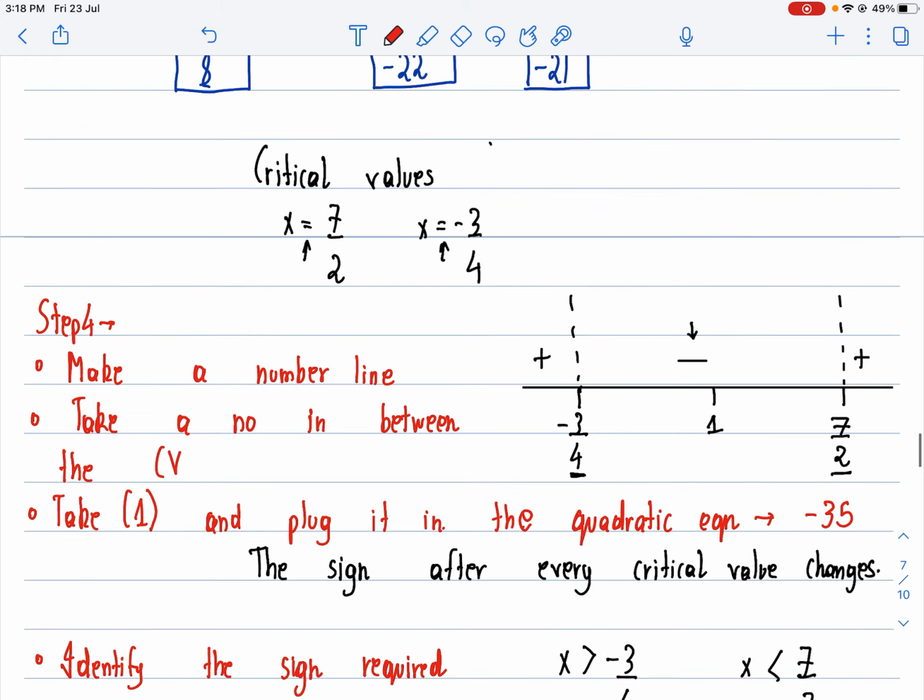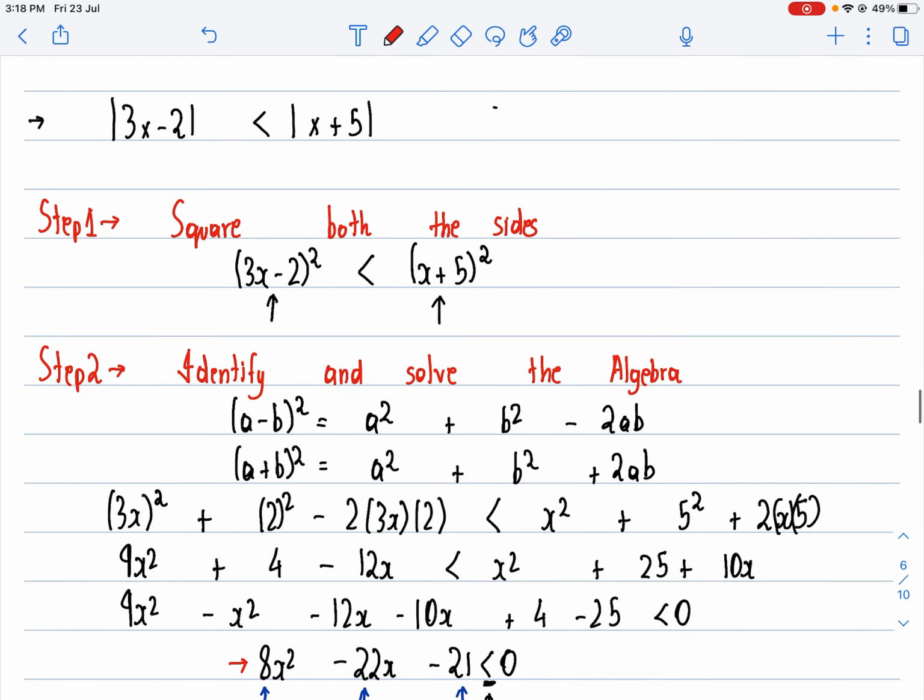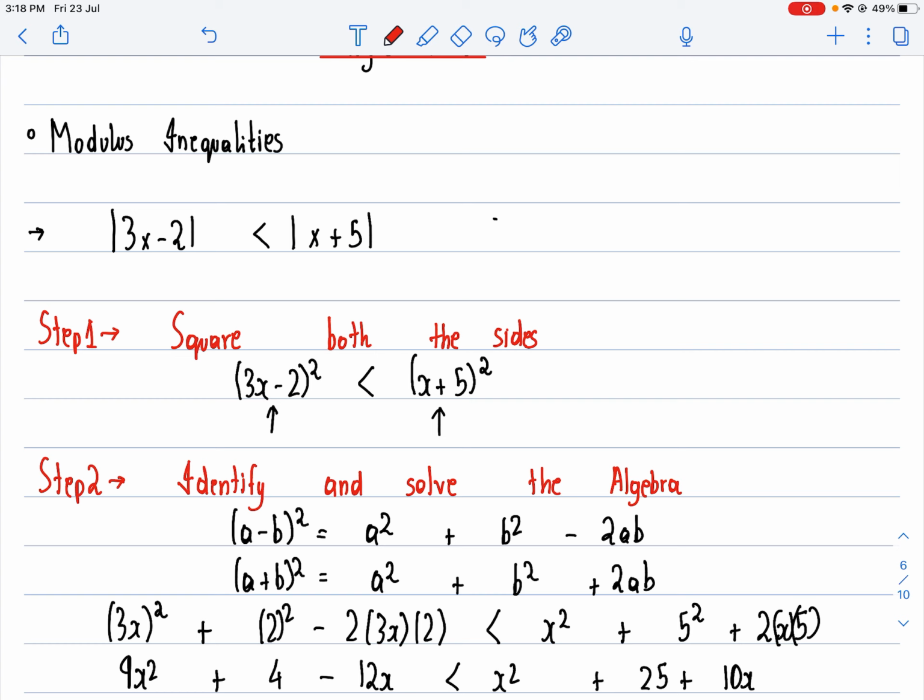Now with this value, I'll take 2 and substitute into this equation here. In the left hand side when I put 2, I get 3 into 2, which is 6, and 6 minus 2, which is 4. The mod of 4 is 4. Now in the RHS, when I put 2, I get 2 plus 5, which is 7, and the mod of 7 is 7. As you can see, 7 is more than 4.